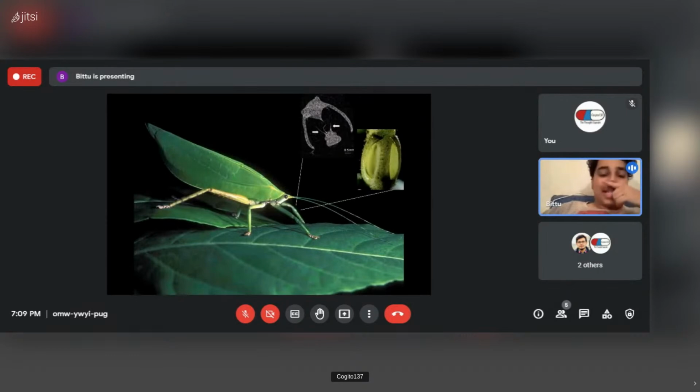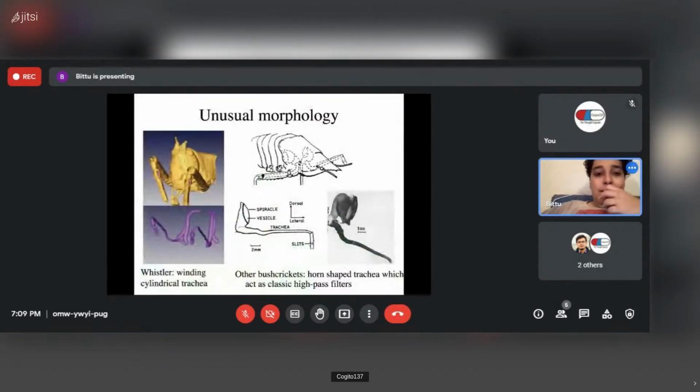Okay, so this is a CT scan that we took of this animal's ear. You can kind of see indicated by the white arrows the two eardrums that go from the central stem to the back of the ear. And we did a bunch of nice work looking also at what's called the tracheal system, which is an air-filled tube behind the ear that opens into the side of the body.